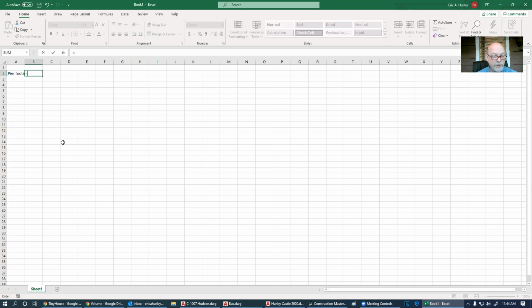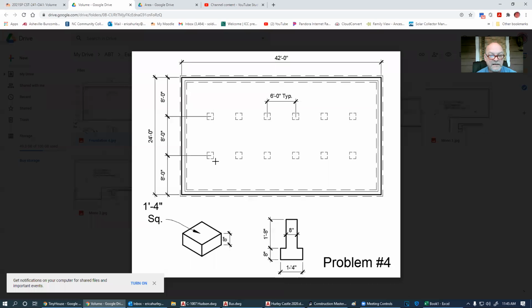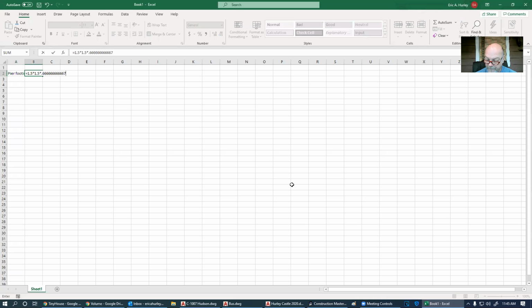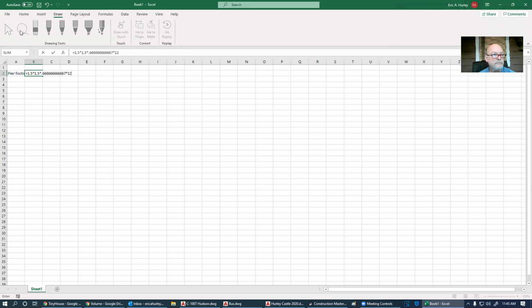And they are equal to 1.5 times 1.5 times 8 inches, 0.6666667, times 12 times 12. Okay, so we have basically what we've got here.